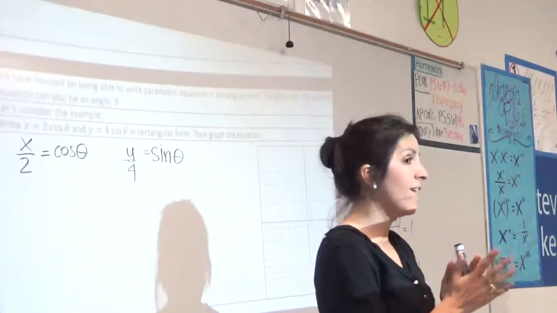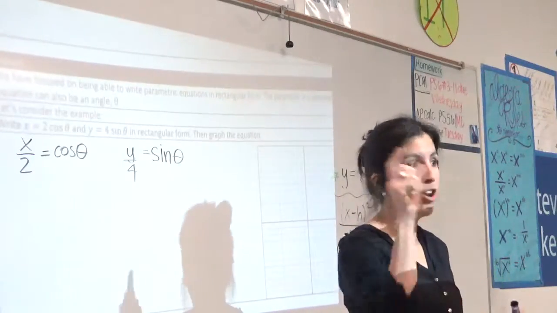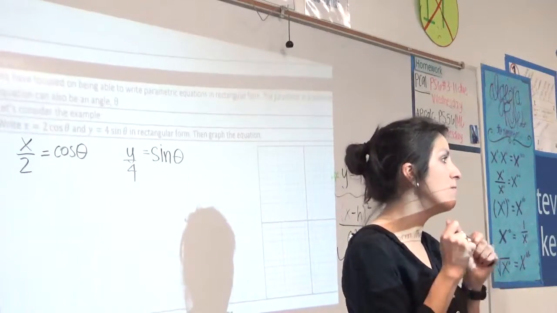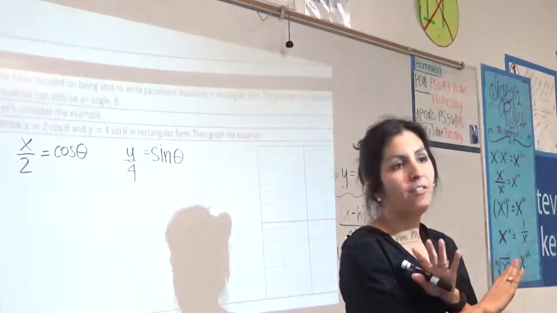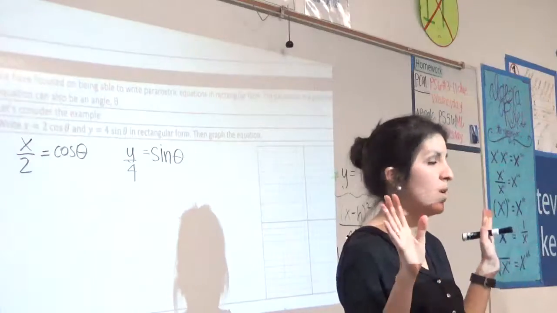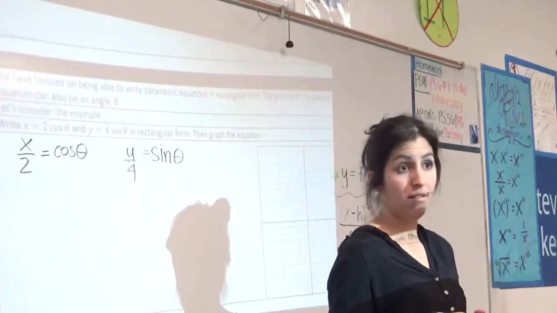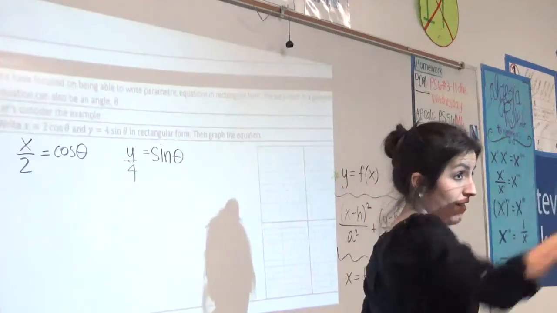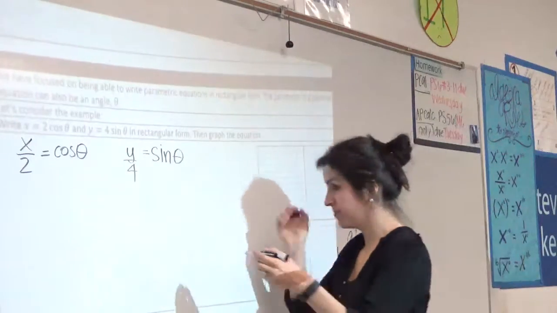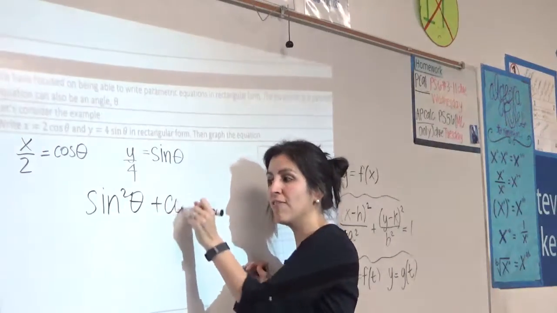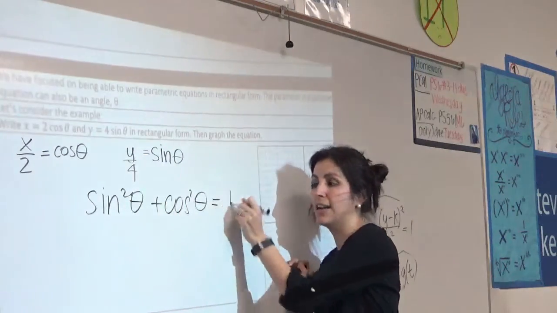But at the end of the day, if you only walk out of here knowing one of them, it has to be this one, because it's the most important out of all of the Pythagorean identities. It's the one we'll use in calculus. You have to know this one. Sine squared of theta plus cosine squared of theta equals 1. Perfect. My favorite Pythagorean identity.